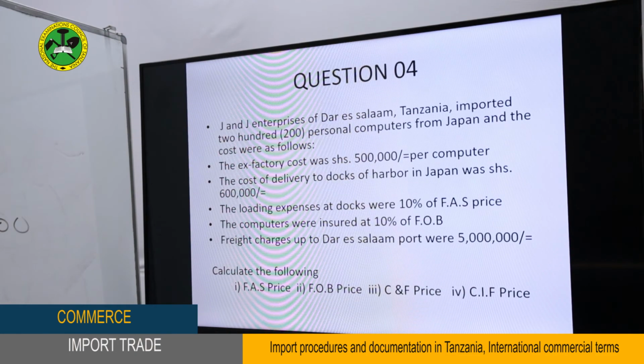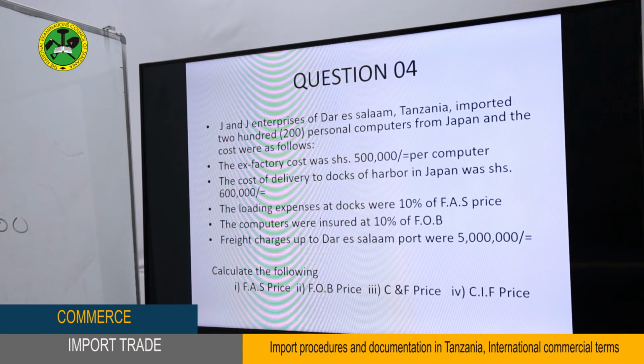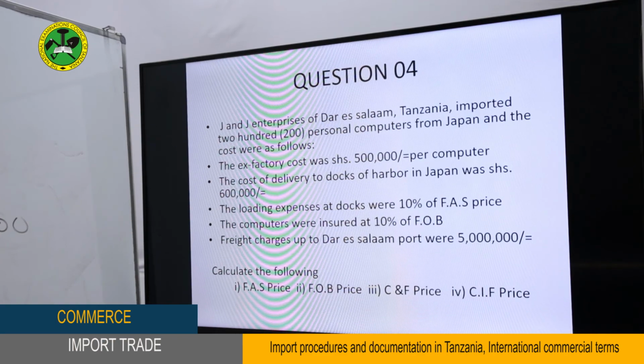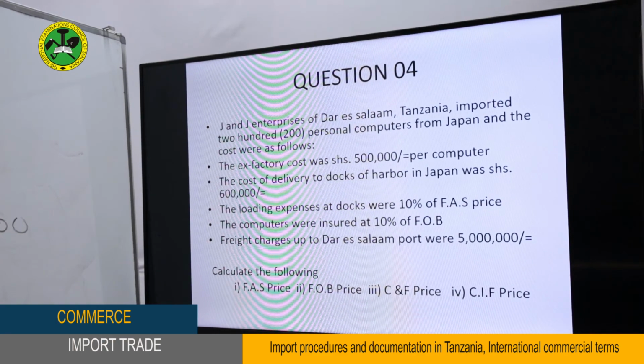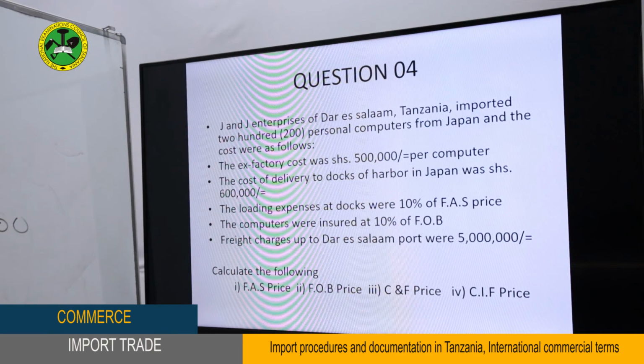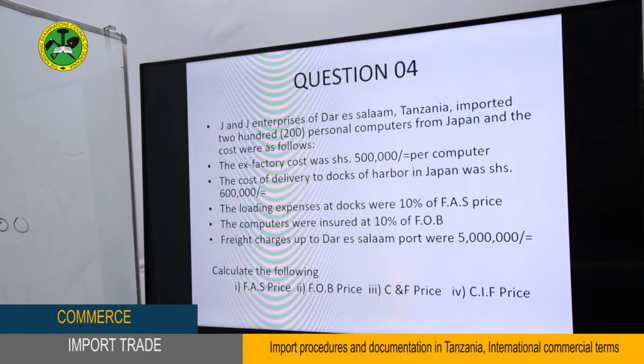The computers were insured at 10% of FOB. Freight charges up to Dar es Salaam port were 5 million. Now the question is to calculate the following: FAS price, FOB price, C&F price, and CIF price.